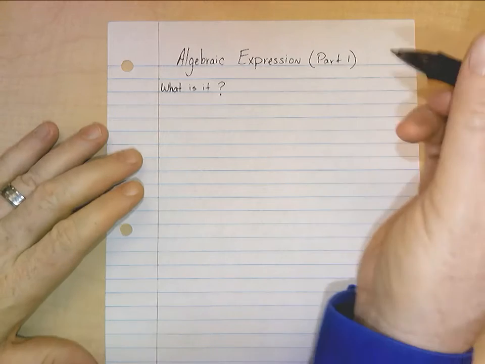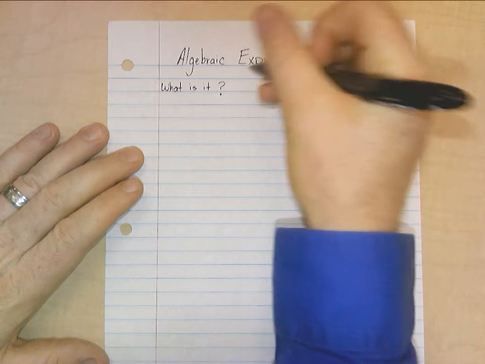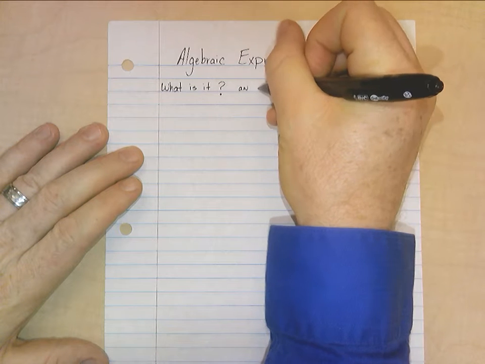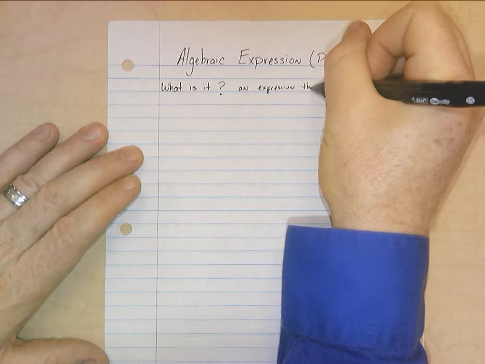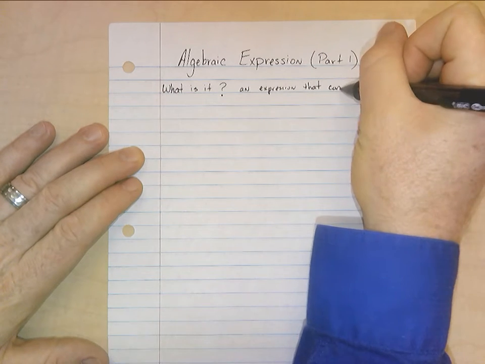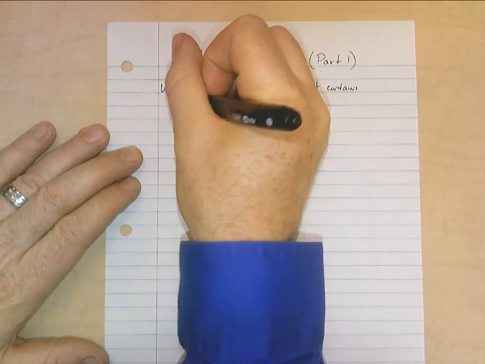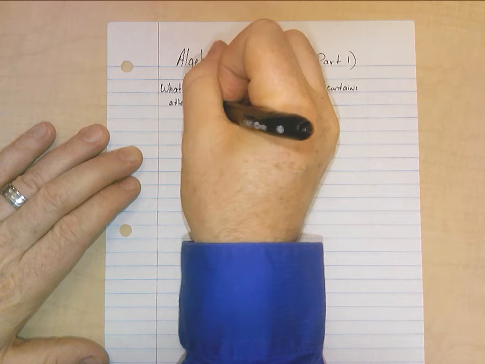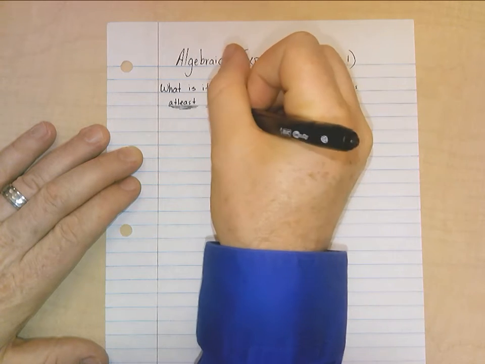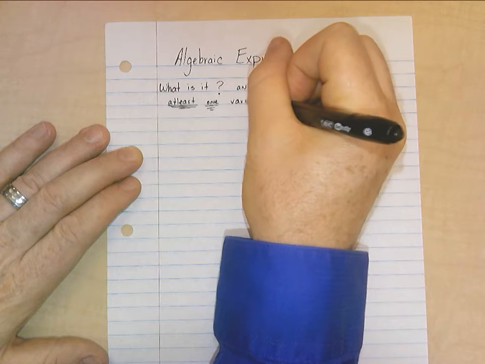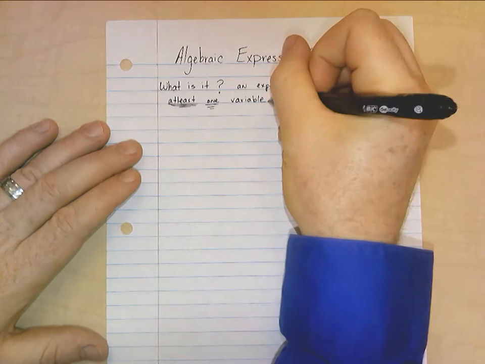So an expression that contains at least one, that's the minimum requirement, at least one variable. And the variable can be any letter that represents a number or something.